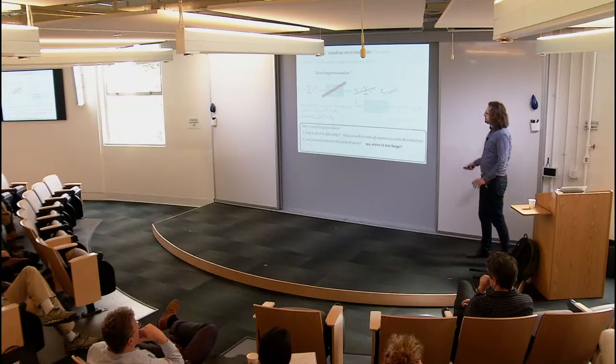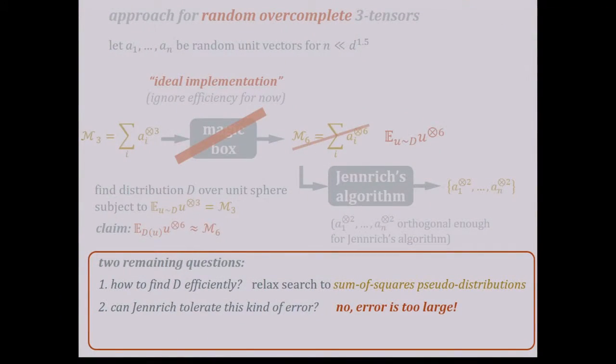Because on some level, even this ideal implementation is not doing the right thing, right? The really right thing would be to look only at distributions over n vectors that look like random vectors, so to search over every distribution that looks like the kind of distribution that we are assuming. The fact that we're looking at an arbitrary distribution over the sphere and just require the third moments to match leaves a lot of freedom.